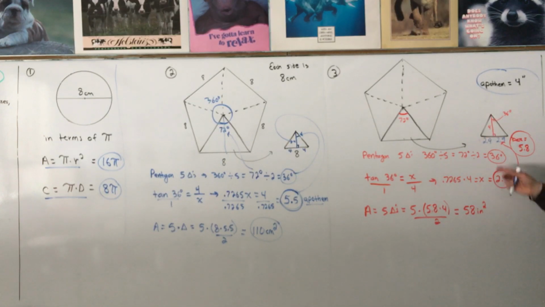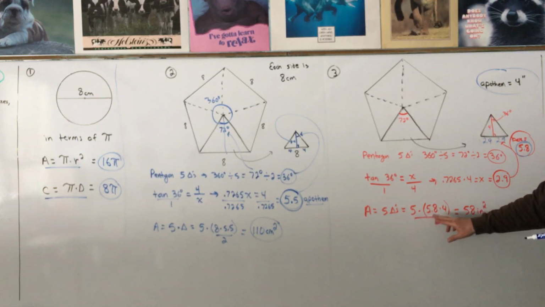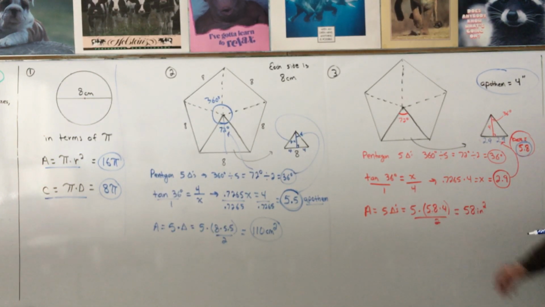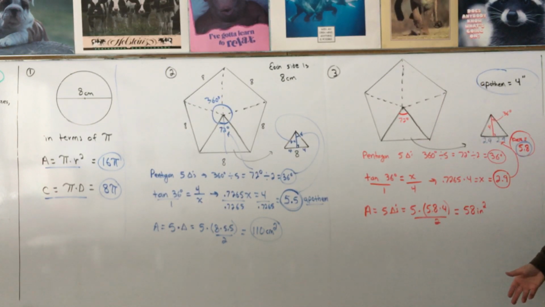And so they're both 2.9. You have to add them together to get the total base. There's our magic number that we need: 5.8. So then I went down here to get the area. Area is equal to 5 triangles. And then I went 5 times 5.8 times 4, all divided by 2. And if you do the math in your calculator, you'll get 58 inches squared, which would be the area of that pentagon. So I wanted you to see it both ways.